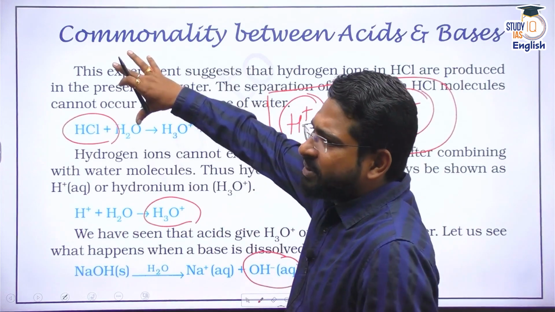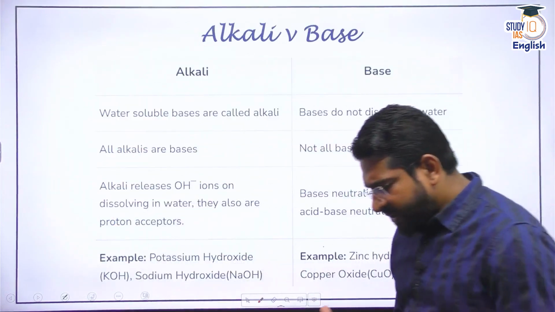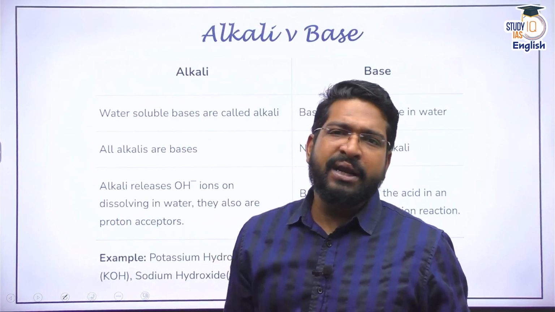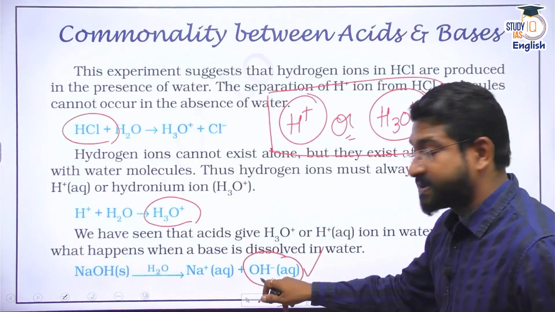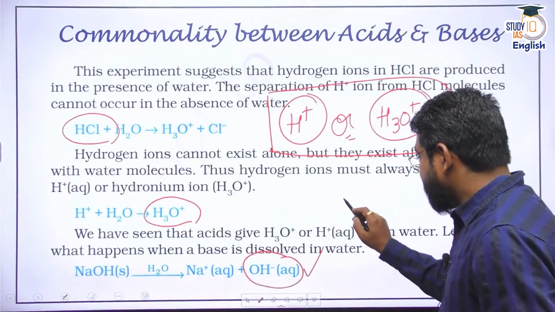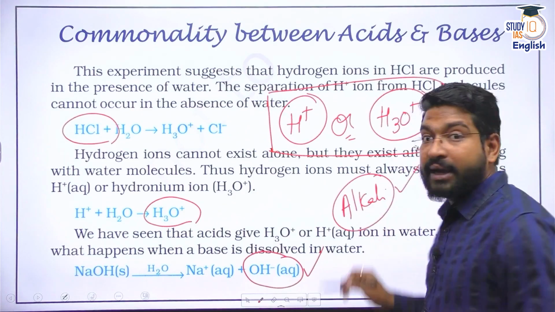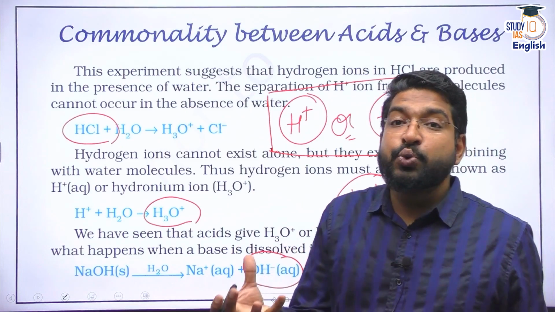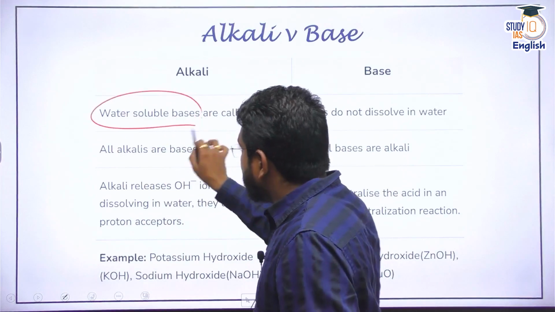These ideas of acid and base have been further explained by different theories. But before entering those theories, we need to understand two more terms, especially connected to bases. With bases, we have a term called alkali. Now, what is this alkali? When you say something is an alkaline solution, it means a base is soluble in water.